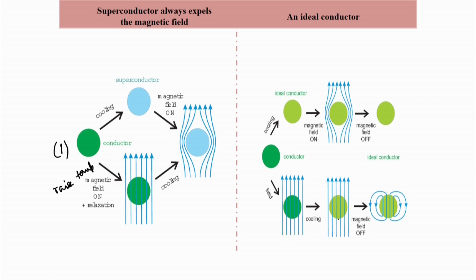If you cool, the magnetic fields will still penetrate, and when we switch off the magnetic field, then for an ideal conductor the magnetic field lines will make circles, trapped inside, whereas this step is different from what we have for superconductors. For superconductors, if we switch off the magnetic field, we do not have such trapping of the flux lines, and that distinguishes a superconductor from an ideal conductor.